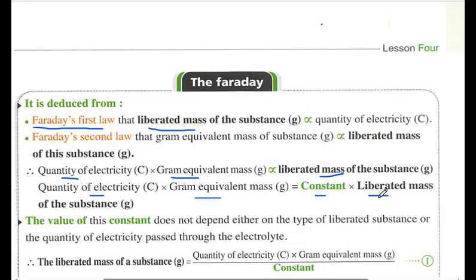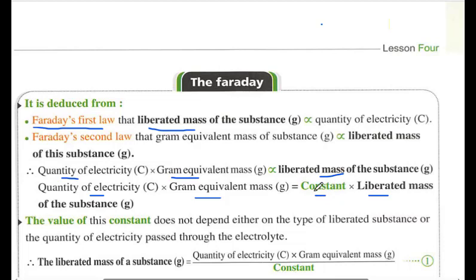As the liberated mass is directly proportional to the quantity of electricity and directly proportional to the equivalent mass, from Faraday's first law and Faraday's second law, the liberated mass equals the multiplication of the quantity of electricity times the equivalent mass and a constant here.